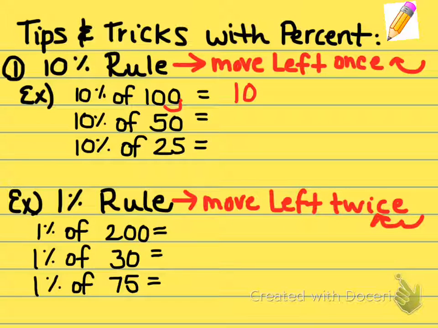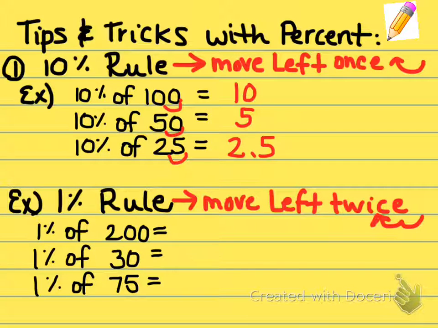Kind of like you're dropping that 0. 10% of 50, move it to the left one time, is 5. Again, we can just drop that 0. Now, not all numbers will have a 0 to drop, as in the next example, 10% of 25. So if I move it over once, my answer is 2.5.